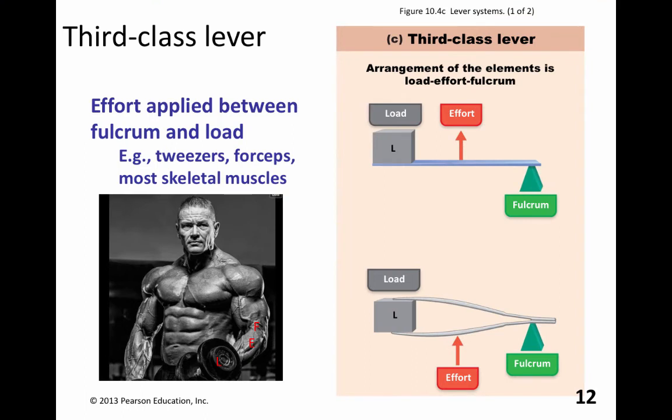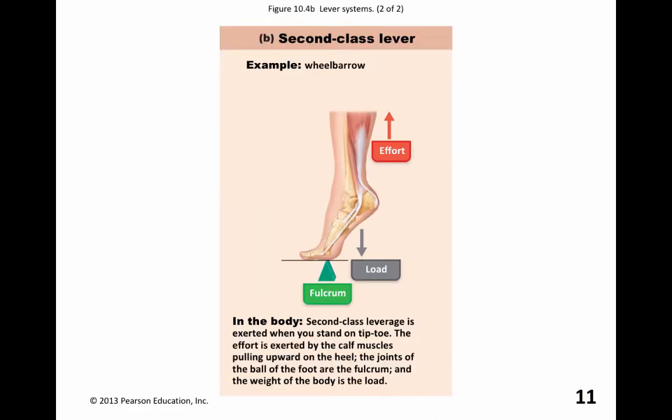And let's discuss our last lever system, which is our third class. Now, just to let you know really quick, the second class that we talked about is pretty uncommon in the body. You don't see a lot of examples of that at all.